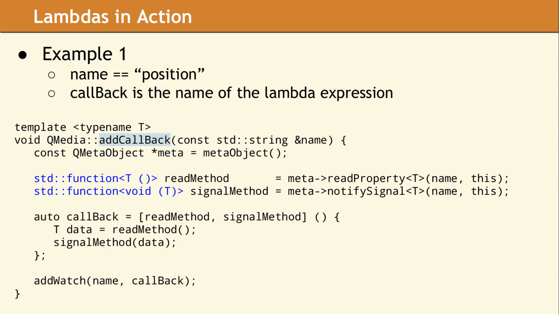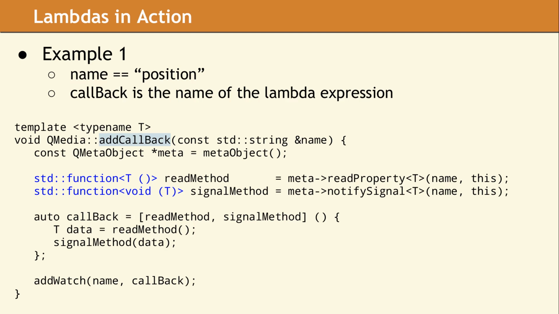For this read method, the return type is int. This is based on the template parameter which was passed to AddCallback. Since there are no parameters which need to be passed when we eventually invoke the read method, the argument list is empty. The signal method is set up in much the same way.